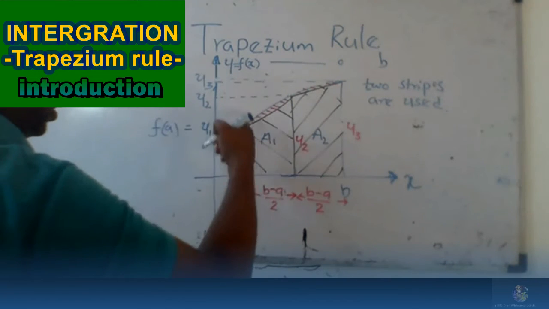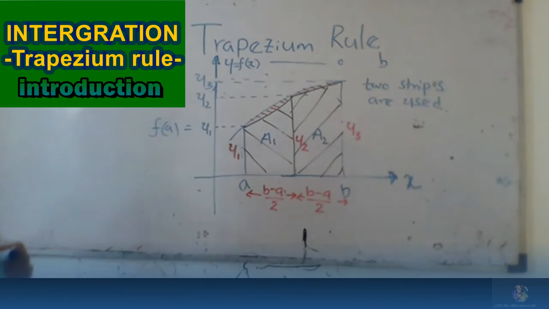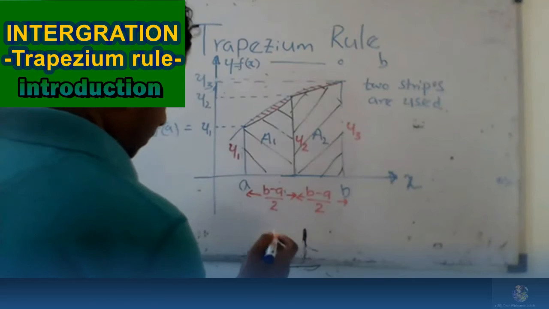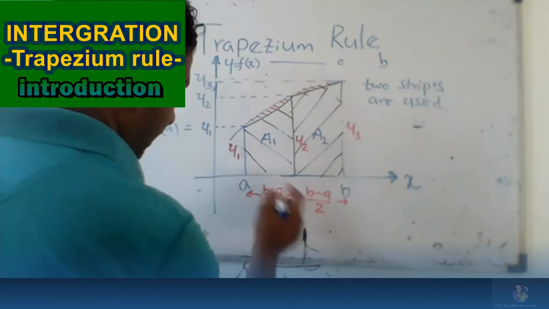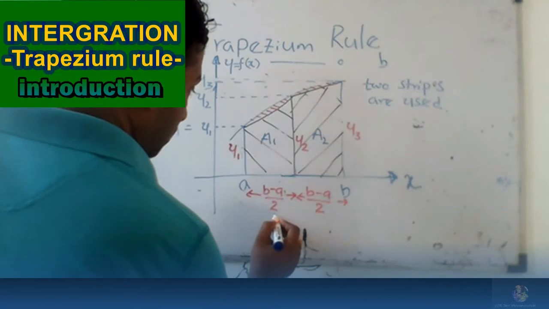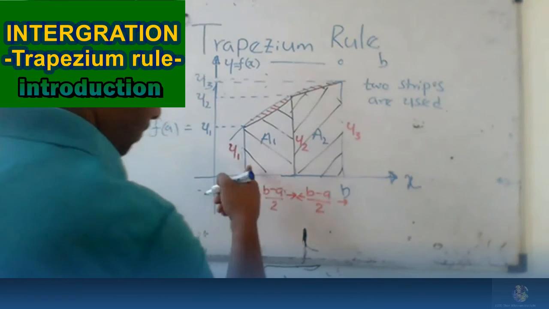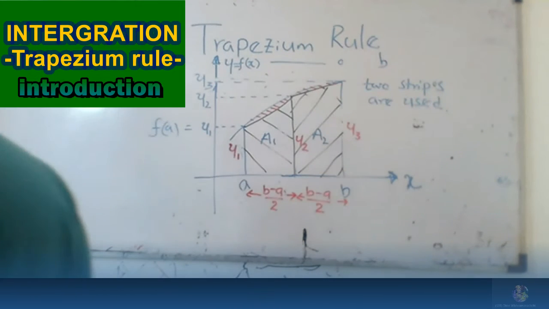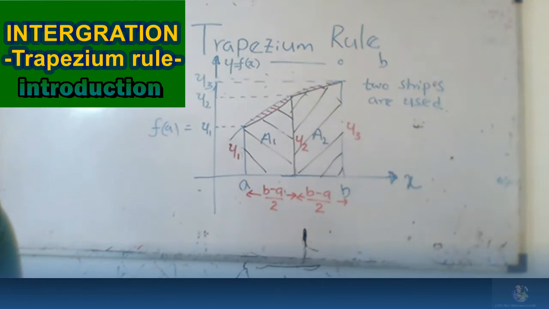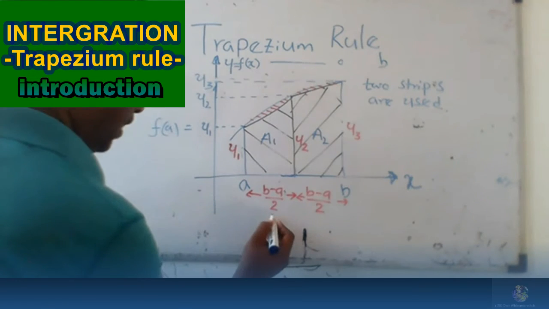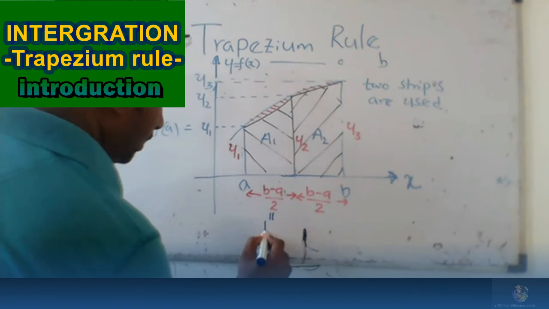Since this is a trapezium, you know that it should be. I will take this as h, here to here. This I will take as h.